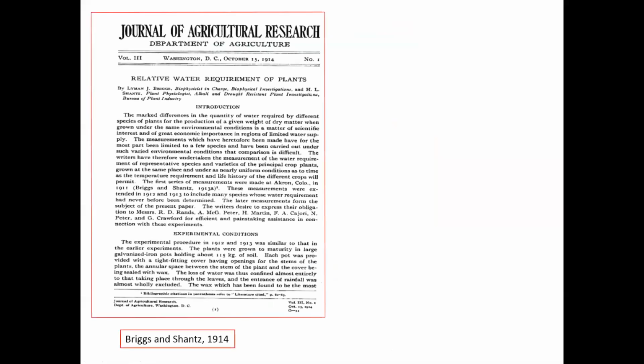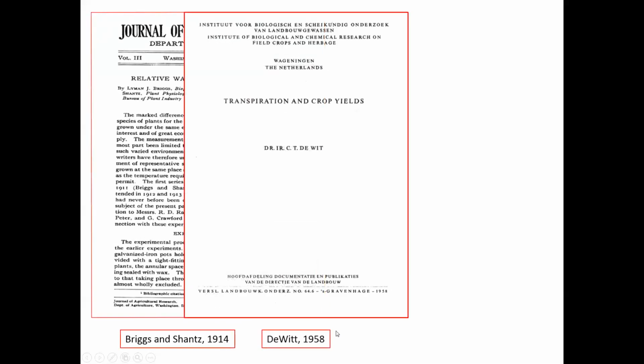I want to go back in the literature just a little bit and talk about water use efficiency and some key papers that came out over the years. The first one came out in the early 1900s, Briggs and Shantz in 1914. This was followed up in 1958 by a very thorough review of the literature that DeWitt did, and his conclusions from that.